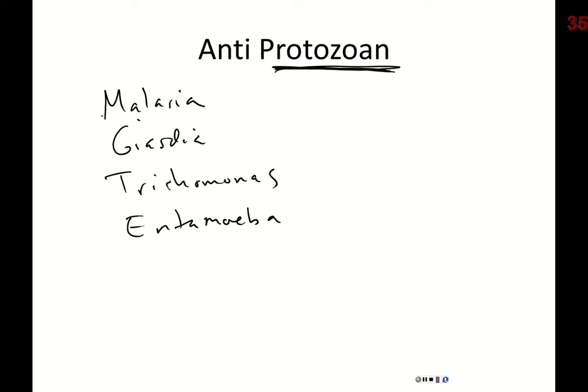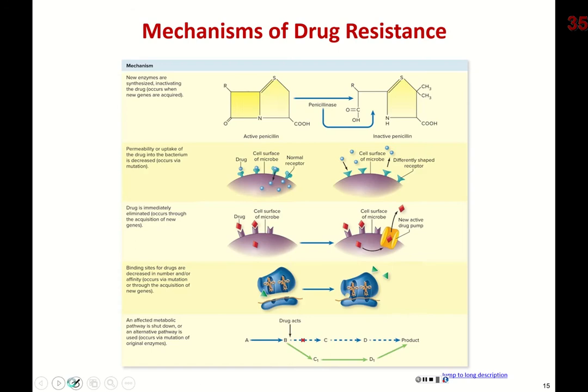So they don't have a cell wall, they don't have the same kind of ribosome as a prokaryotic cell, therefore they need their own category of drugs to fight them, and one of the drugs is called that one. Okay, so those are some of our different categories.